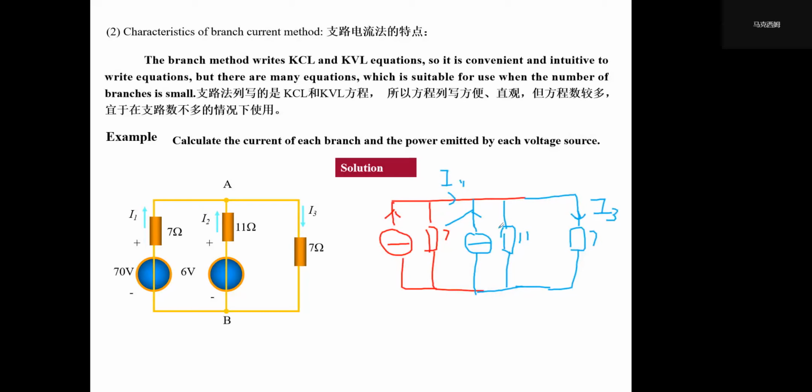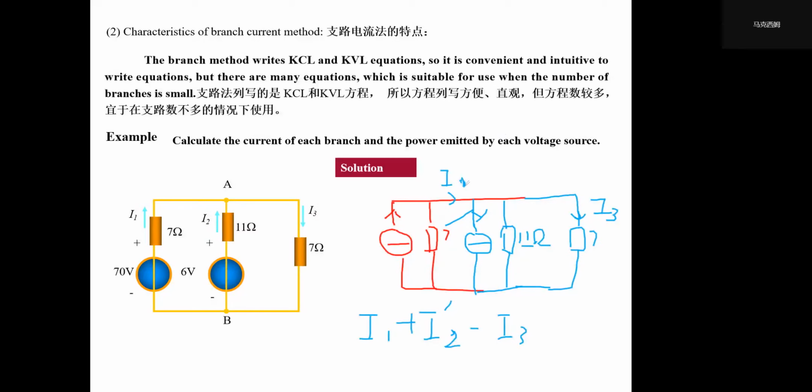So the current running through the 11 ohm resistor equals, this is I1, this is I3, I2, right? So this one has a current going through it that is I1 plus I3, I2 minus I3.